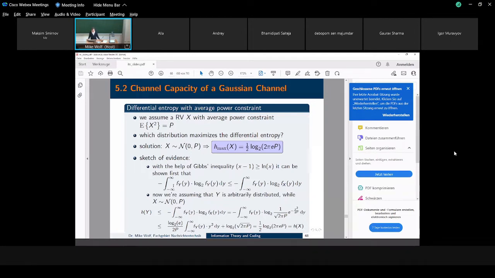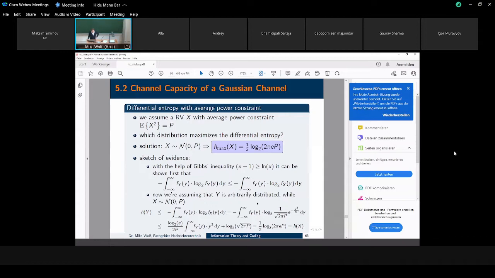What is this? This is a differential entropy of y, right? Then this differential entropy, according to Gibbs inequality, is lower than fy of y, the probability density of y, times log 2 of fx of y. So this is this other random variable.